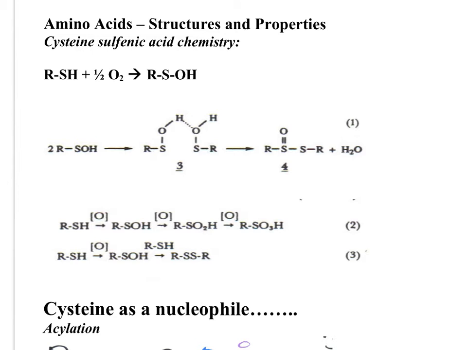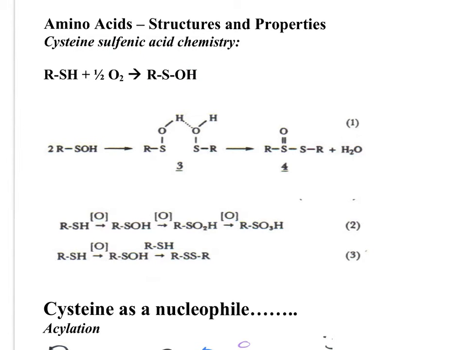Let's back up. How it gets formed is one half of an oxygen reacts with one of the SHs, and that's how we get the SOH. So this is called a sulfenic acid.